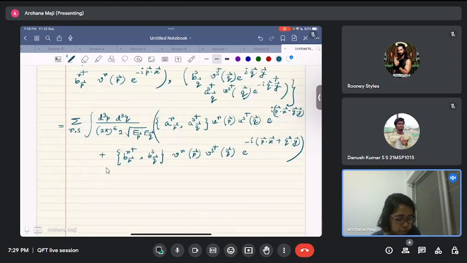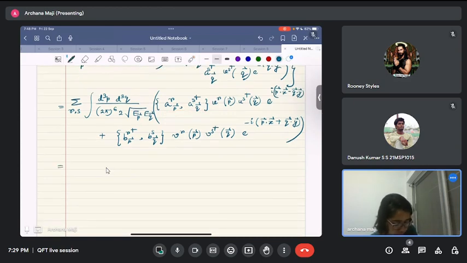Exponential of minus i (p dot x minus q dot y). Now let's use the anti-commutators here and here. It will give (2 pi) cube delta rs times delta 3 (p minus q). So summation over rs, I will keep delta rs outside. The (2 pi) cube will cancel out one (2 pi) cube here.